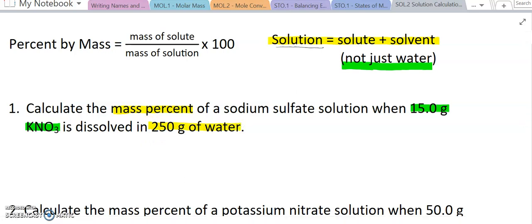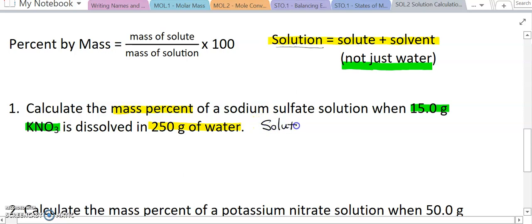Well, that's not solution. So I have to remember that solution is going to be my solute, which is this 15.0 grams, and I'm going to add it to my water, so that when I'm actually making it, my solution is going to be 265 grams of solution.